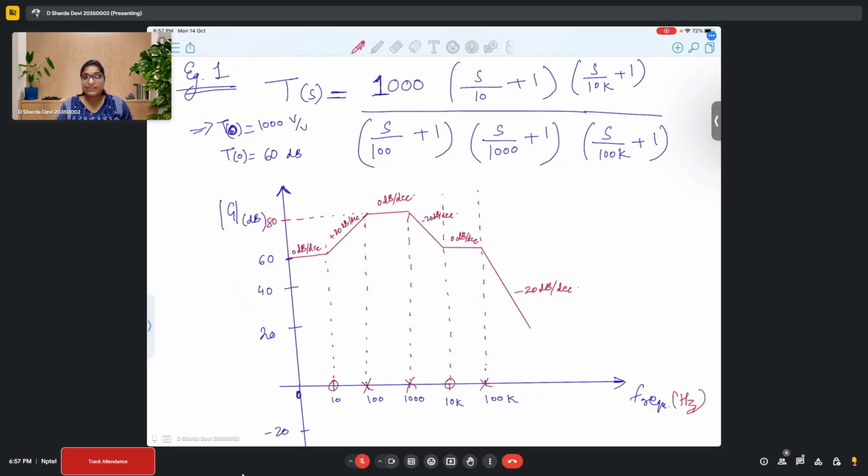Yes, unit gain is 0 dB. So at what frequency will this Bode plot cross your 0 dB axis? What is that frequency? That would be 60 divided by that frequency minus 100K is equal to minus 20. So what is this frequency? That is what I'm asking. What is the value of this frequency?